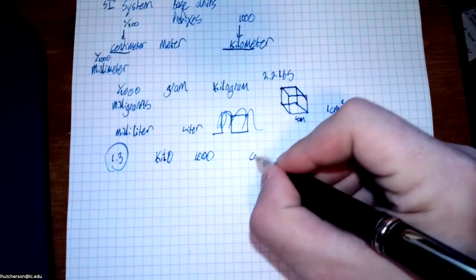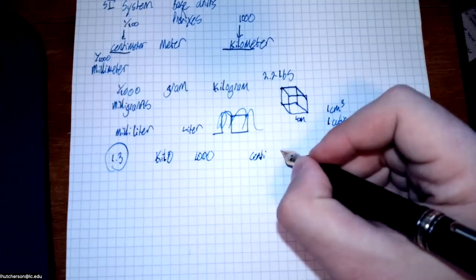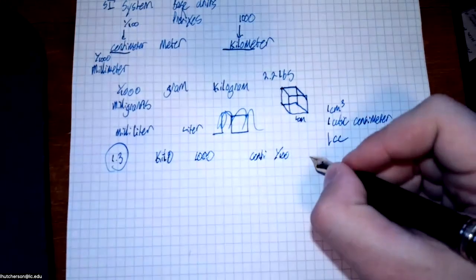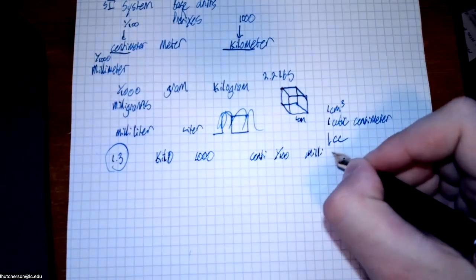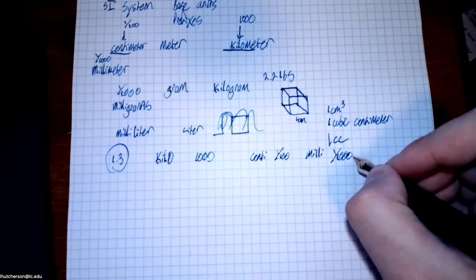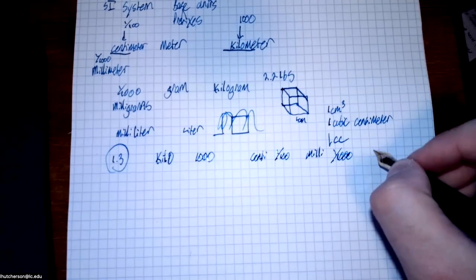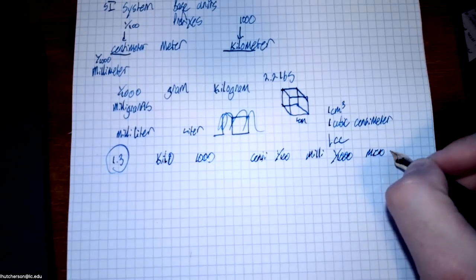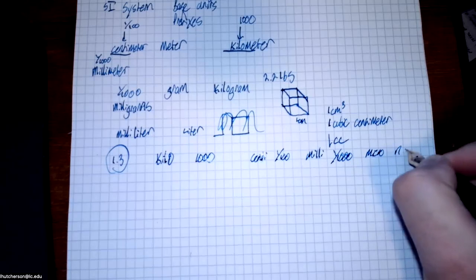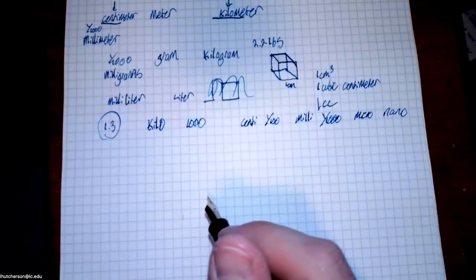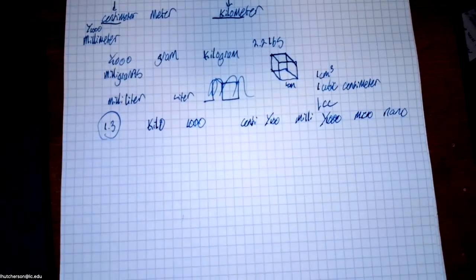I want you to learn centi, which is 1/100th. Milli, which is 1/1000th. And then micro and nano, right? So we'll go on. So those are just the ones that I want you to learn. All right.